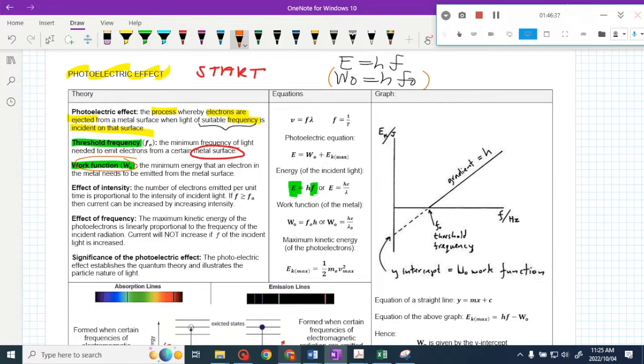When you shine light equal to the threshold frequency, light that has energy equal to the work function, onto a metal, we say the electrons are emitted but without velocity, without kinetic energy. Now guys, I'm going to tell you now, it makes no sense to me. I have thought and tried to understand this.